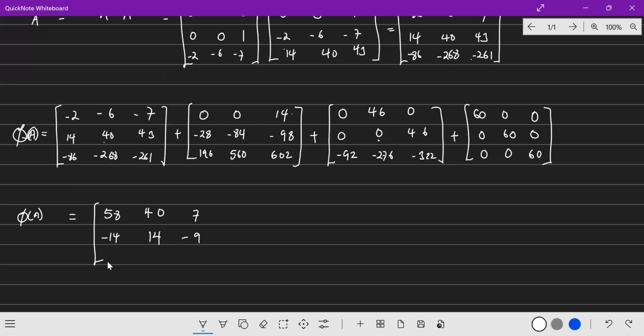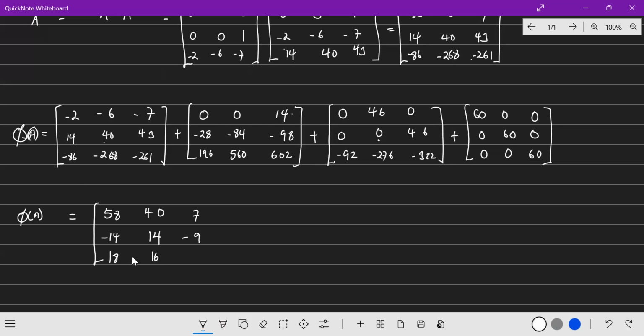And then negative 268 plus 560 minus 276. So this is 16 here.